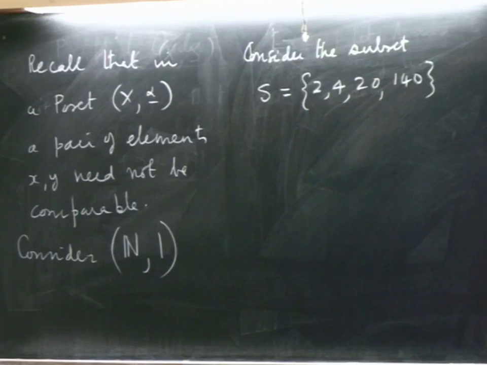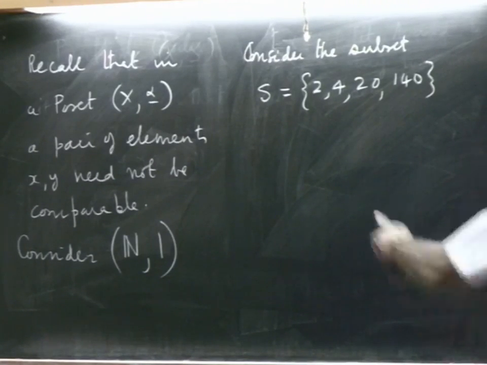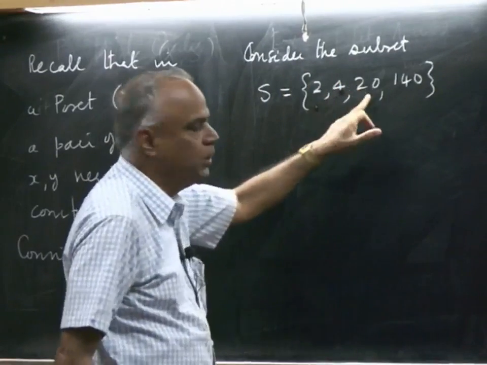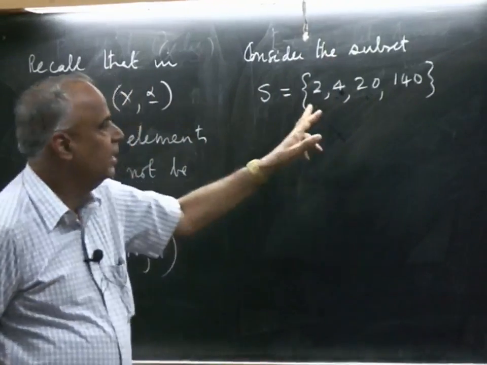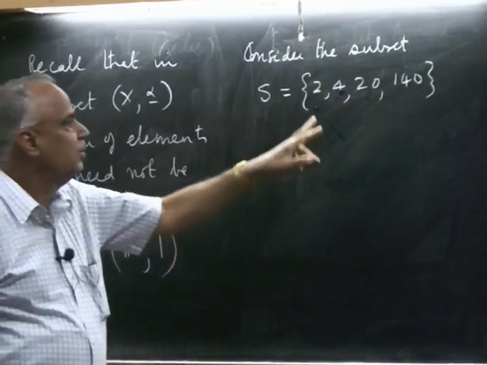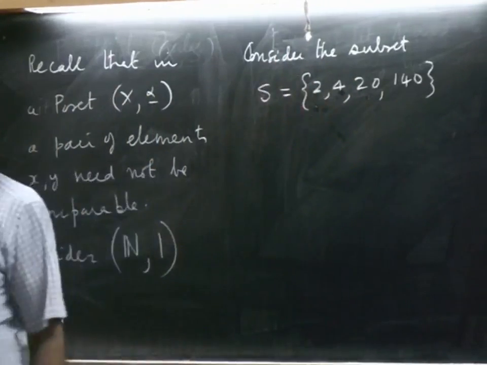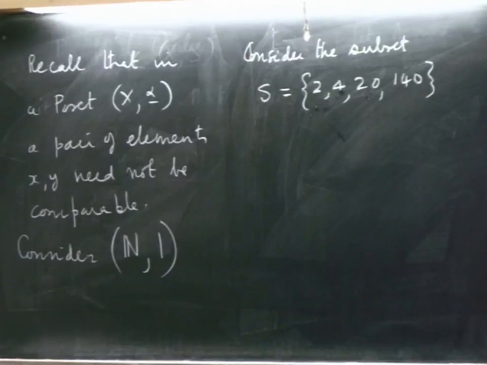Now, if you look at this subset, here any pair of elements is comparable. You take any pair, 2 and 4, 2 is related to 4 because 2 divides 4. 2 and 20, 2 divides 20. 2 and 140, 2 divides 140. 4 and 20, yes. 4 and 140, yes. 20 and 140, yes. So, any pair of elements is comparable.